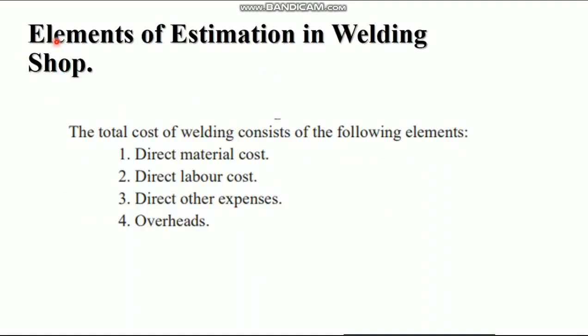First one, elements of estimation in welding shop. The total cost of the welding consists of the following elements. As usual, it is direct material cost, direct labor cost, direct other expenses, and lastly overheads.